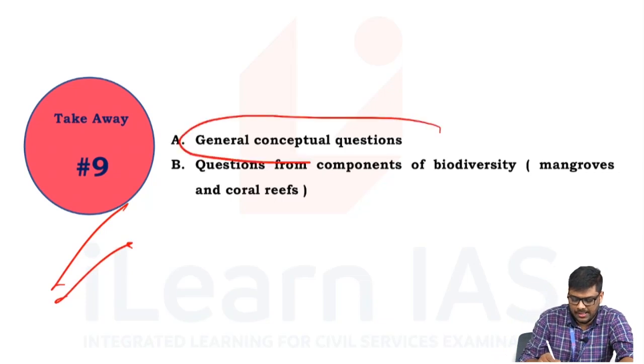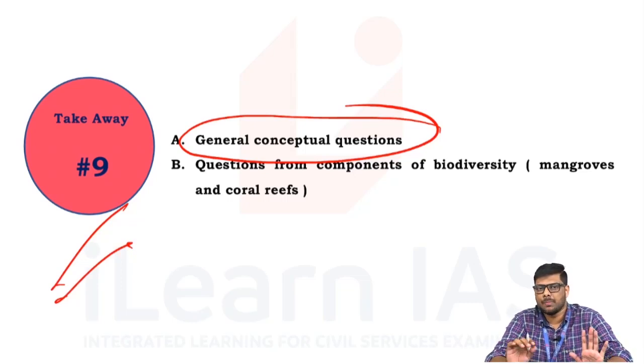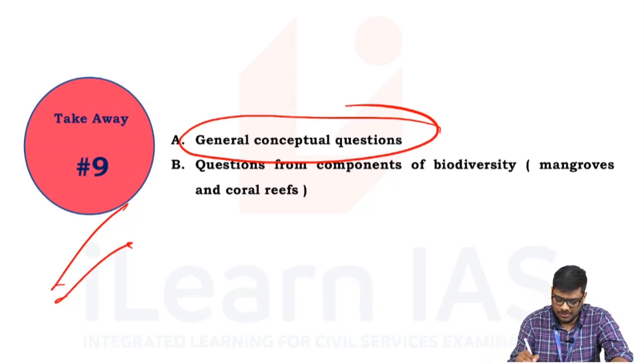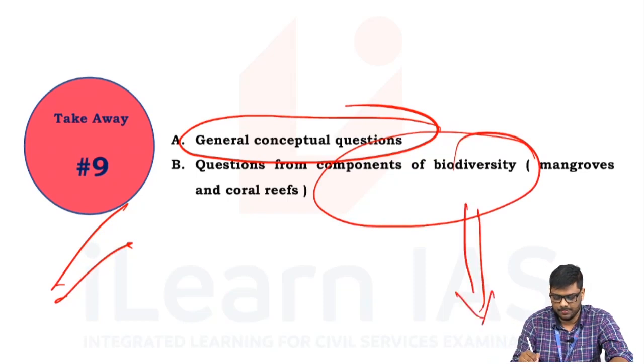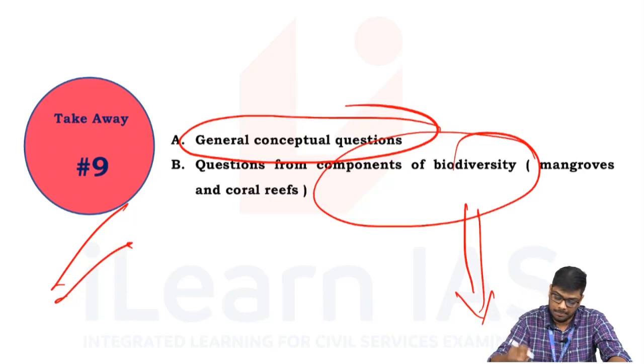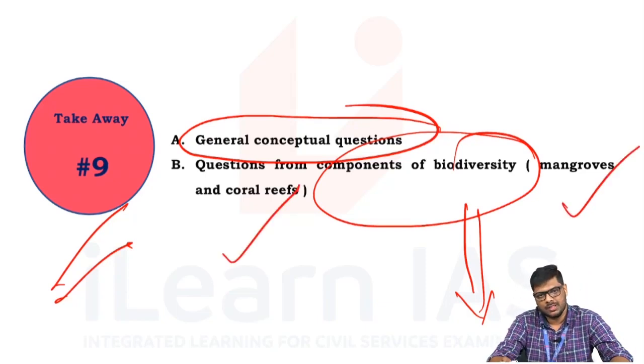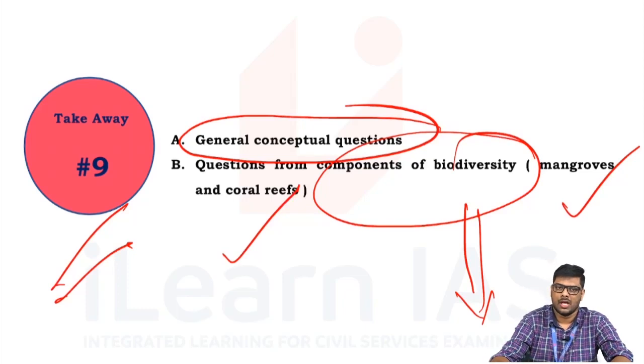You can expect general concept based questions from biodiversity portions, or you can expect questions from components of biodiversity. There are some components in biodiversity like mangroves and coral reefs which are repeated by UPSC almost every year, or in alternate years UPSC used to pick up questions either from mangroves or coral reefs.